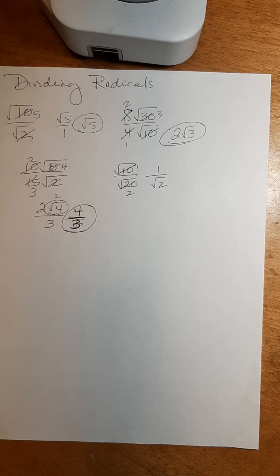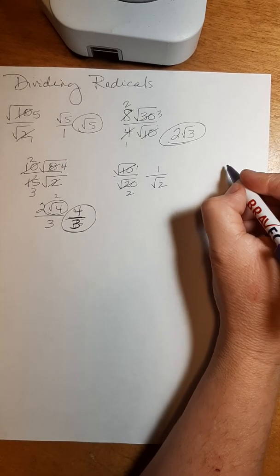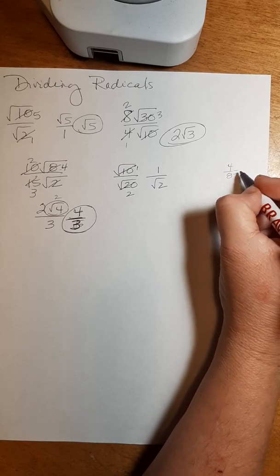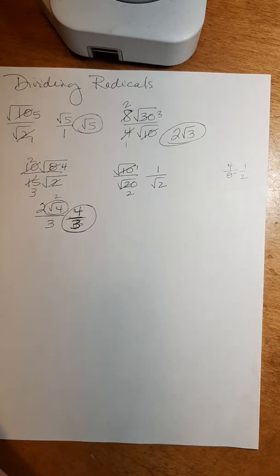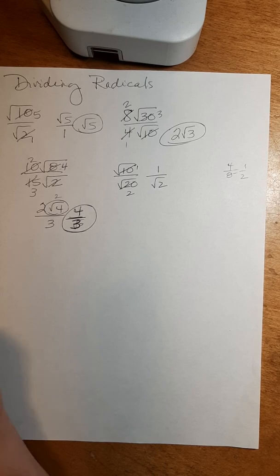Well, remember, as far as reducing, like if you have the answer 4/8, I always want you to reduce it to a half. Well, this falls under kind of the same guidelines. It's making your answer final. The mathematical community never wants a square root in the denominator of your final answer.